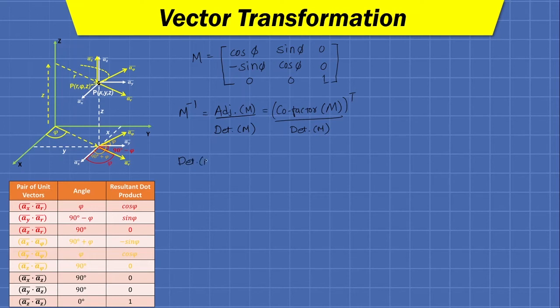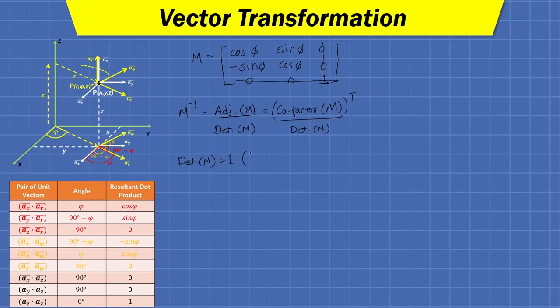Now let us find the determinant of this matrix. The determinant can be easily found by considering this 1. This row and this column will not be taken into consideration, and we will find the determinant of the remaining 2 cross 2 matrix.